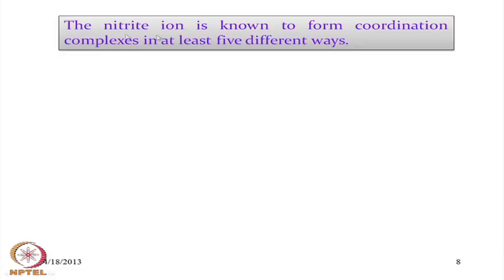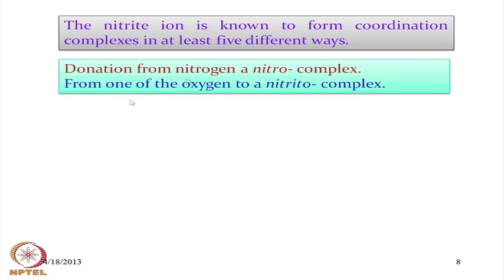So, if we just consider the binding of the simple nitrite in the form of nitrogen binding and oxygen binding, we know there are two types of binding, one through nitrogen and another through oxygen. But at least 5 different possibilities we can have. So, donation from nitrogen gives the nitro complex and donation from oxygen gives the nitrito complex.